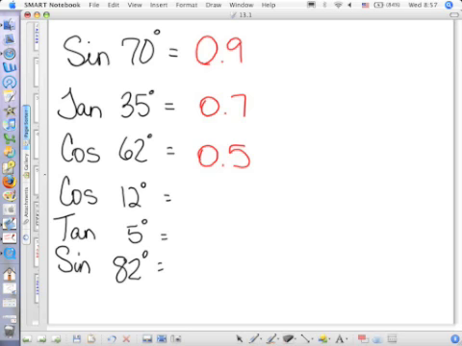The cosine of 12. Actually, it's 1. The tangent of 5 would be 0.1. And the sine of 82, again, would be 1.